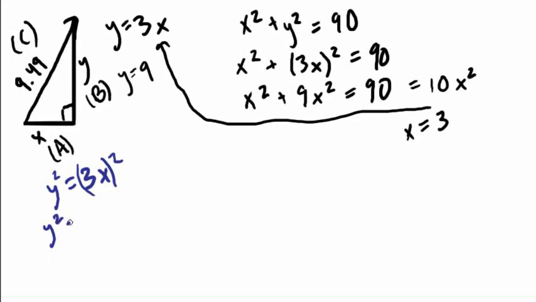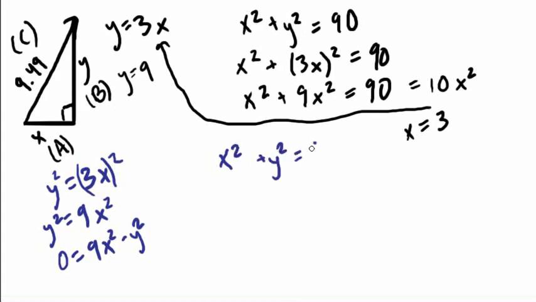So again, don't forget that your 3 is inside the parentheses. And let's get everything on the same side of the equation. Alright, so x squared plus y squared is equal to 90, and 9x squared minus y squared is equal to 0.